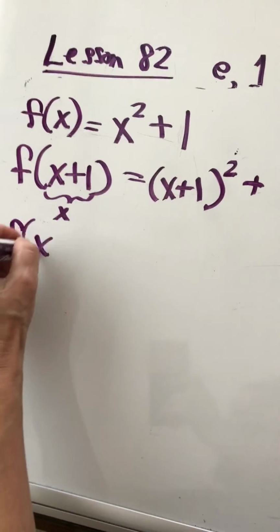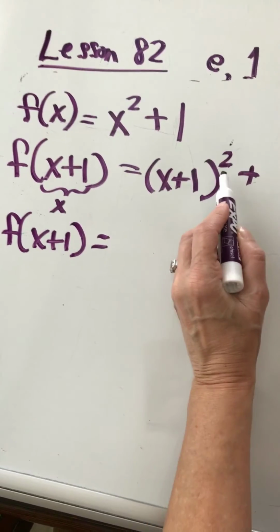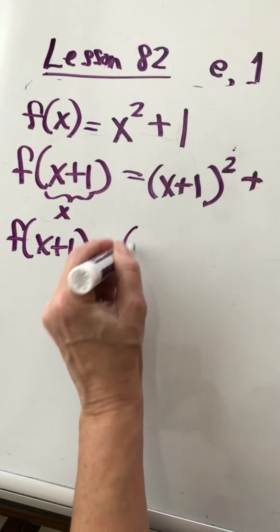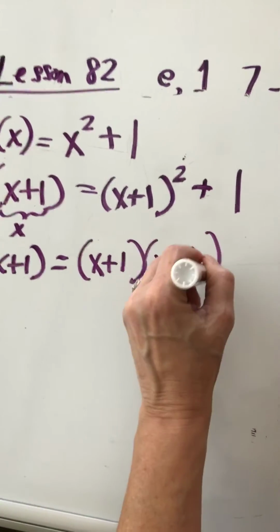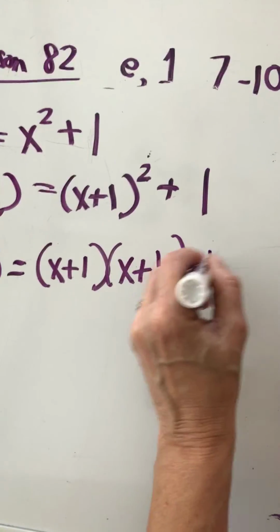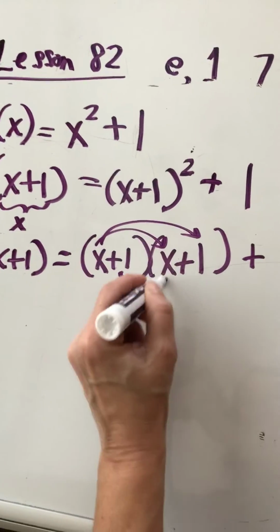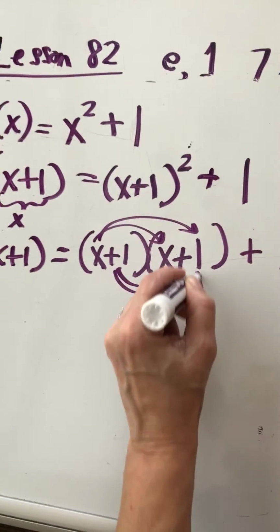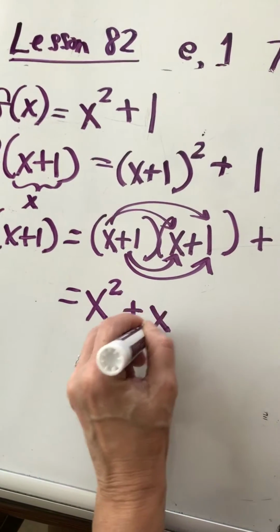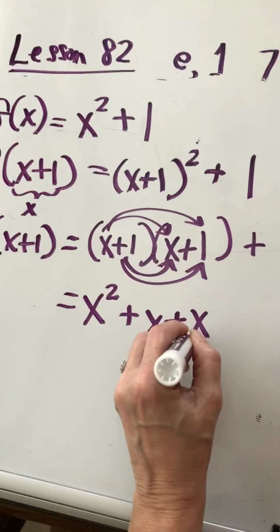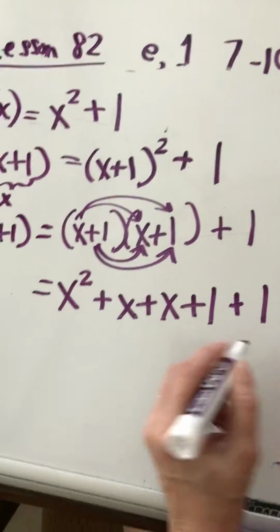So f of x plus 1 equals this x plus 1 squared, which is the binomial times itself. I FOIL the binomial, and it is x squared plus x plus 1 plus this 1.